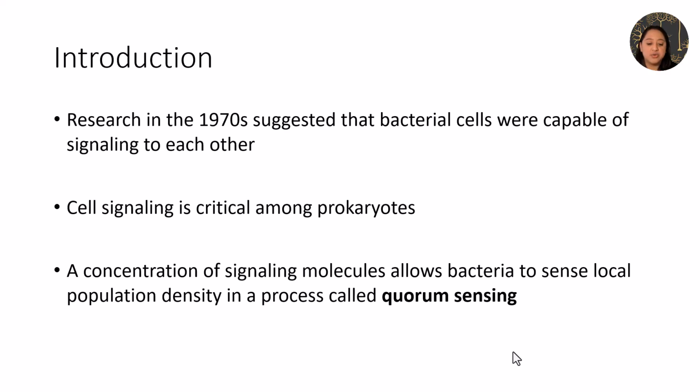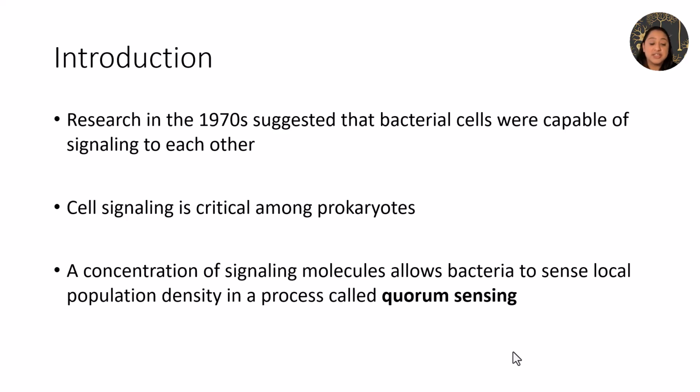And so sometimes we think of cells as being static or not really doing much, but they really do, even prokaryotes. Research in the 1970s suggested that bacterial cells were capable of signaling to each other. So bacterial cells don't just exist on their own, they can actually signal to each other different kinds of signals.